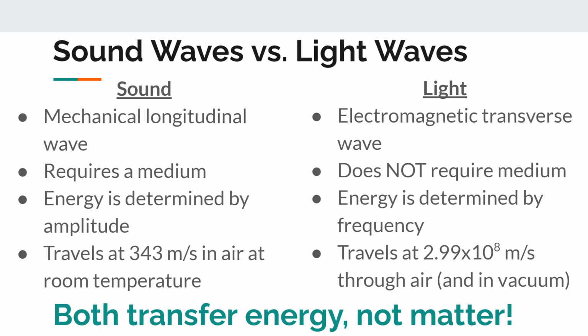We're going to talk more about that later in our next unit, and it travels much faster at 2.99 times 10 to the 8th meters per second. Technically that's in a vacuum, but I think it's also in air because I don't think it makes that much of a difference. But again, sound versus light, you are going to have questions comparing light to mechanical waves, and oftentimes that's going to be specifically sound waves.